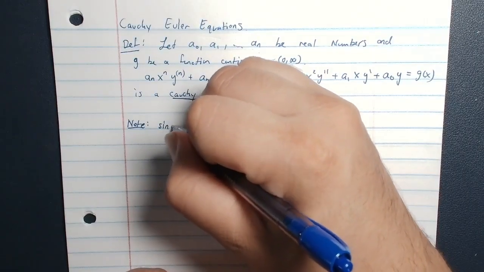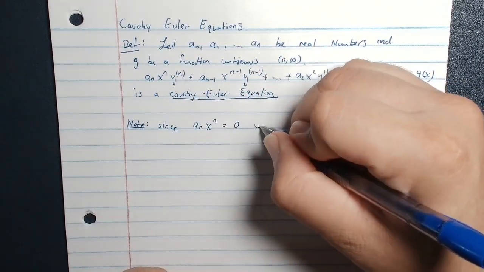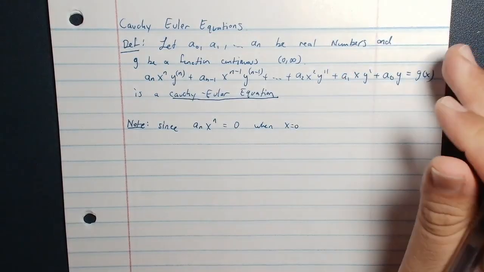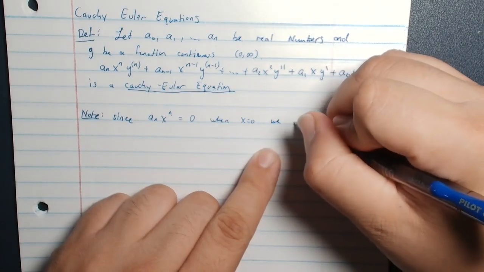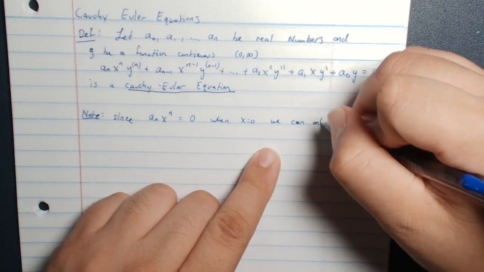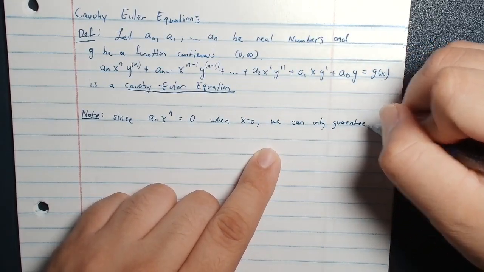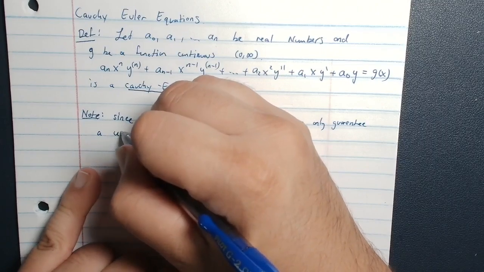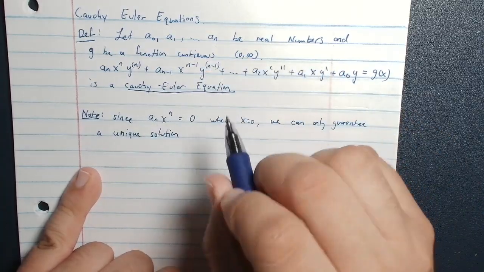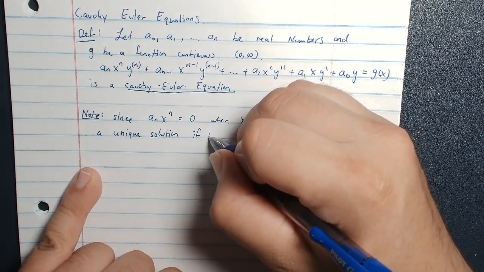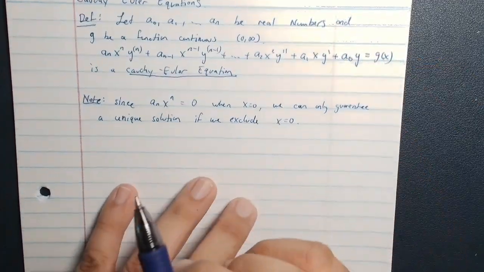So since a sub n x to the n is equal to 0 whenever x equals 0, then by our theorems of existence in chapter 4, we can only guarantee a unique solution if we exclude x equals 0. So that means that we have the choice.